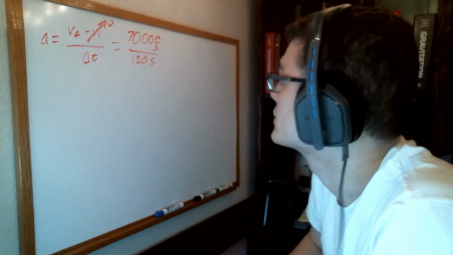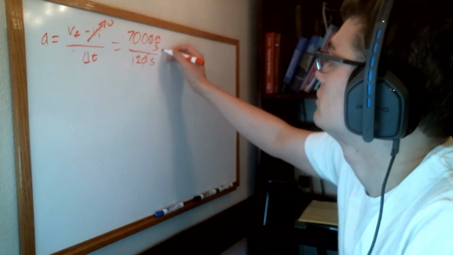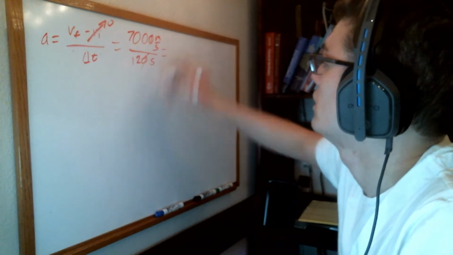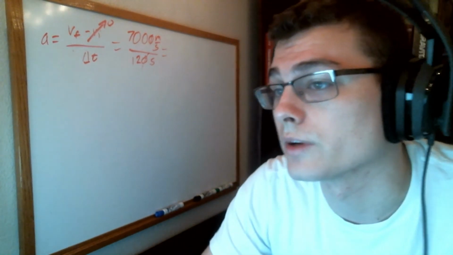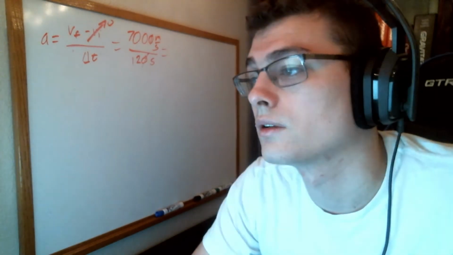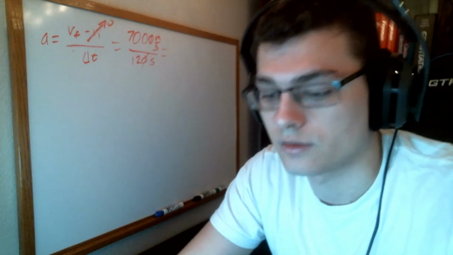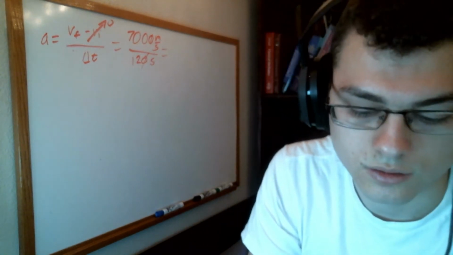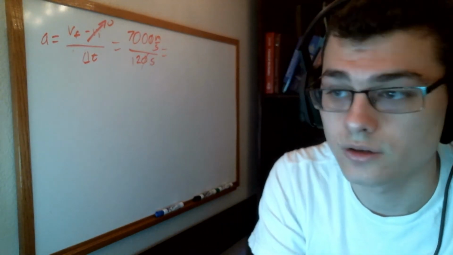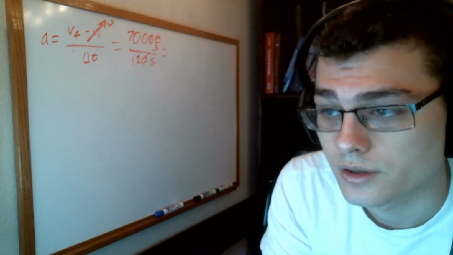And so then this is going to give us a number, and I'm going to put this in Wolfram so I get it right. So we have 700 divided by 12, because you can just cancel out the zeros.